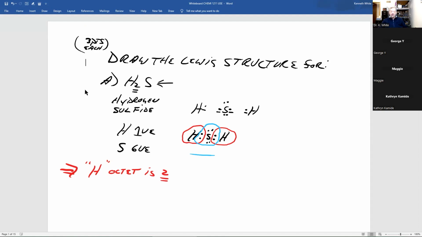Now, you learned yesterday that there are 3 types of covalent bonds.